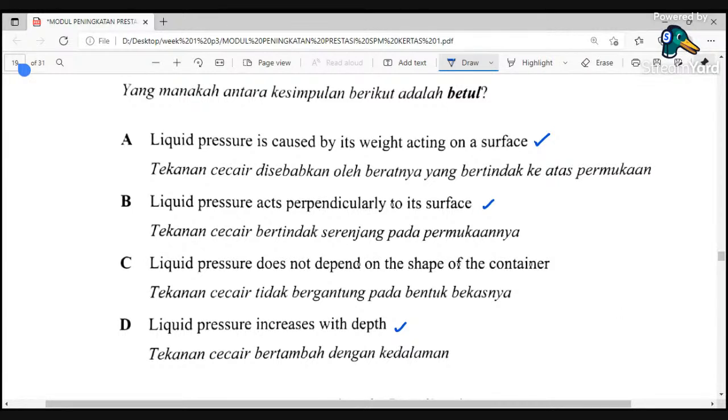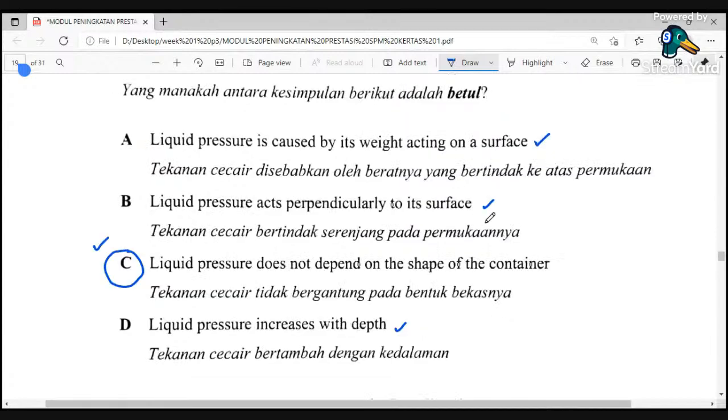Okay, does it affect pressure? So liquid pressure does not depend on shape. Ini yang paling tepat. A, B dan D betul, tapi merujuk kepada soalan tu C yang paling tepat untuk menunjukkan jawapan kepada soalan tu. Okay, jadi jawapan dia adalah C.